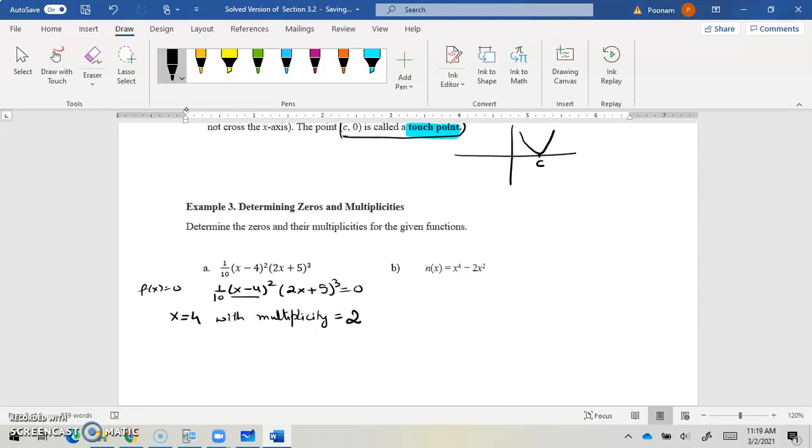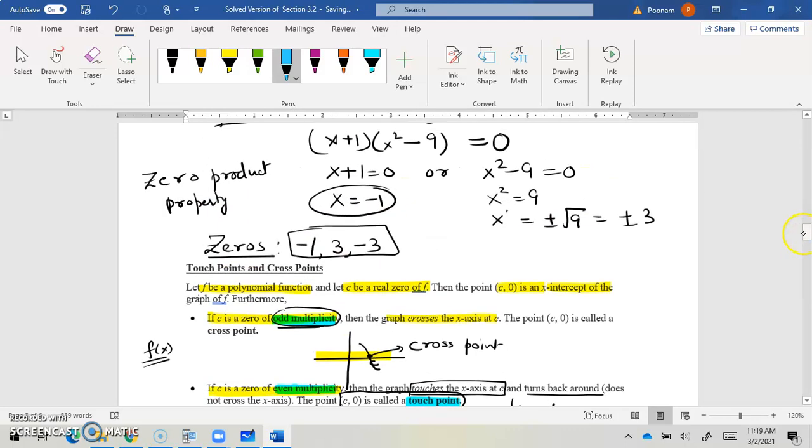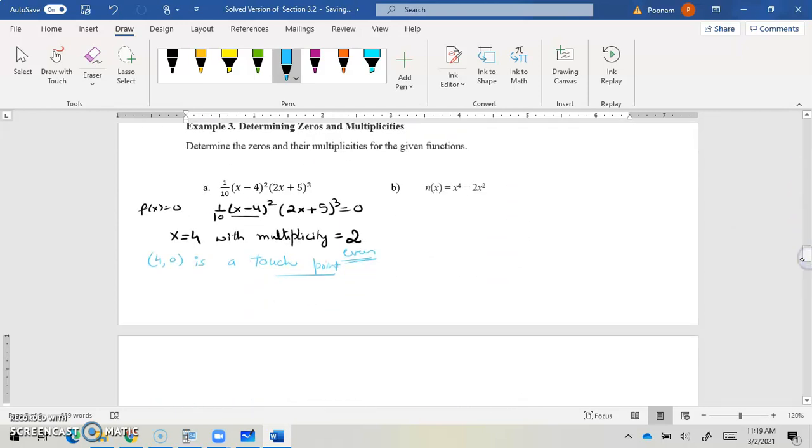Because this factor appears 2 times in the polynomial. This 2 is an even number, so (4, 0) is a touch point. Remember, if we have even multiplicity, we call it a touch point. Means the graph will touch the x-axis at (4, 0) and then turn back.